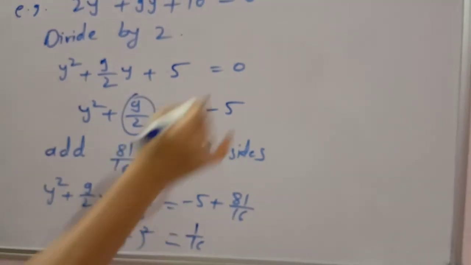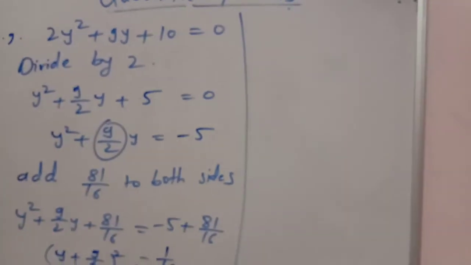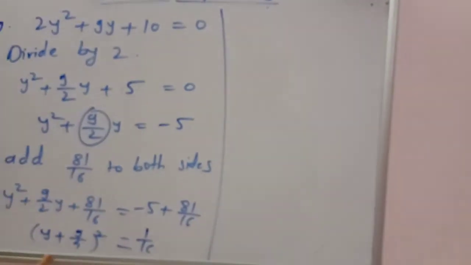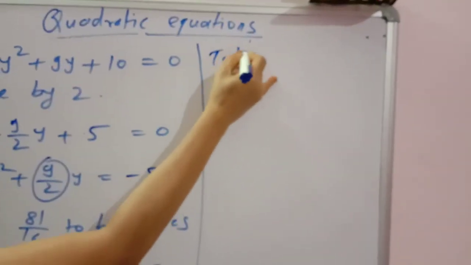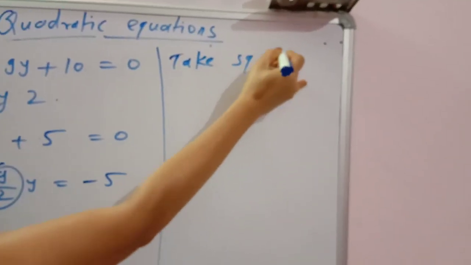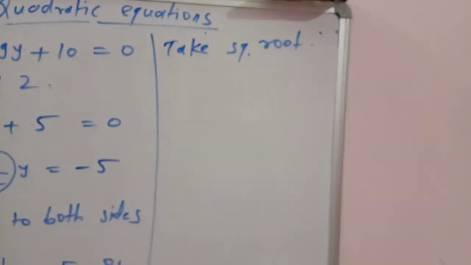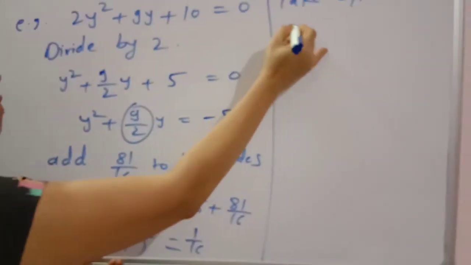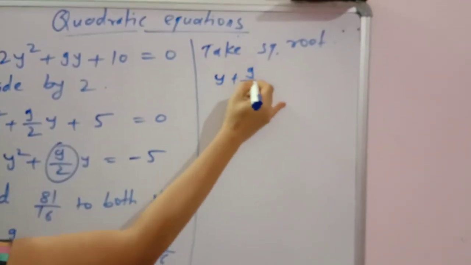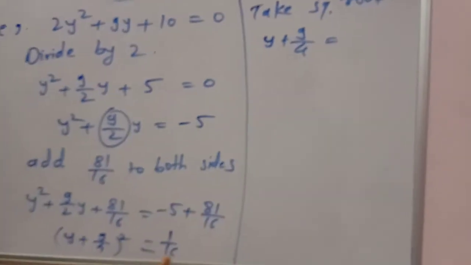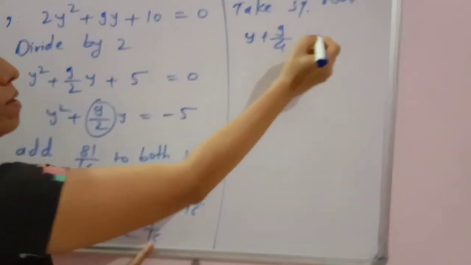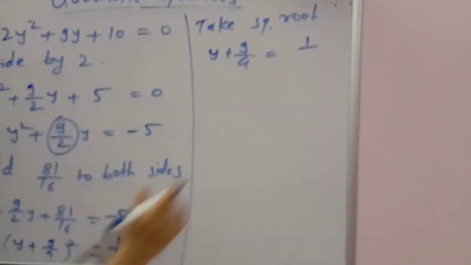And after that, what is our step? Take square root on both sides. Its square root is y plus 9 upon 4 equal to, the square root of 1 is 1. Square root of 16 is 4.